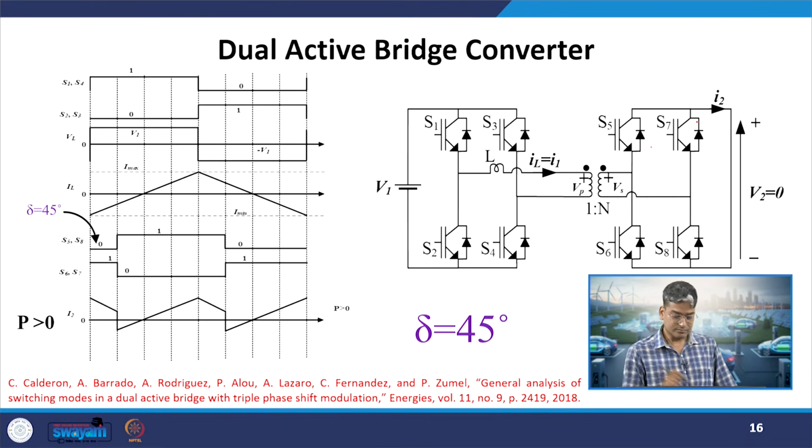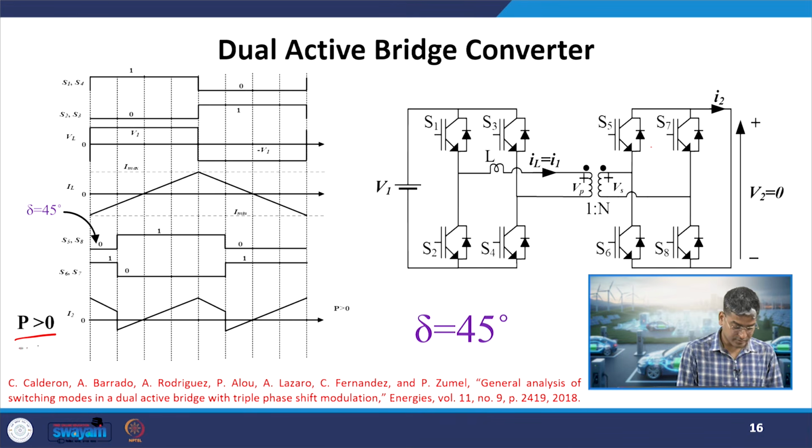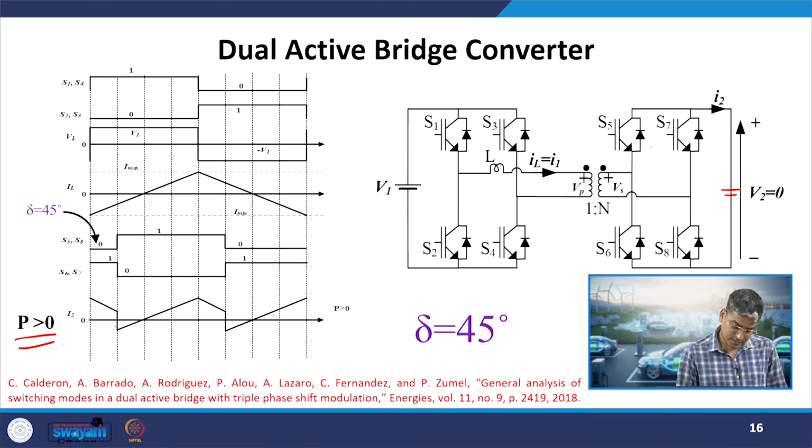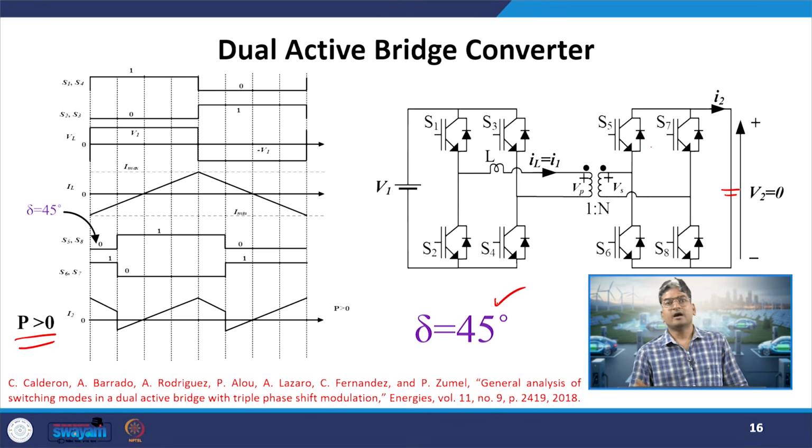Now let us come back to this power term. Why have I marked the power to be positive over here? If I observe the I2 shape and assume that I have some load over here, maybe a battery or resistive load as per my requirement and application, and I shift the delta by 45 degrees, how much power will be transferred? That is our consideration over here.